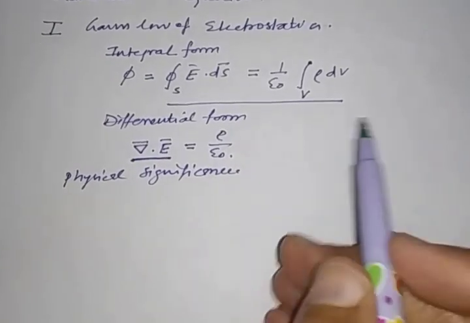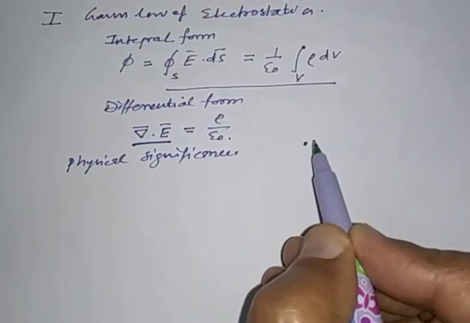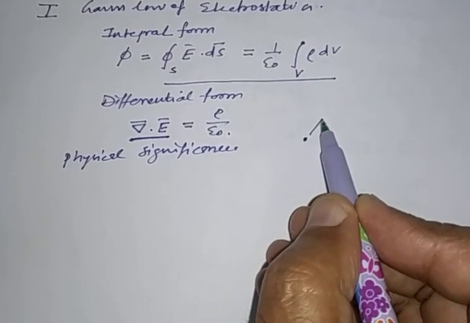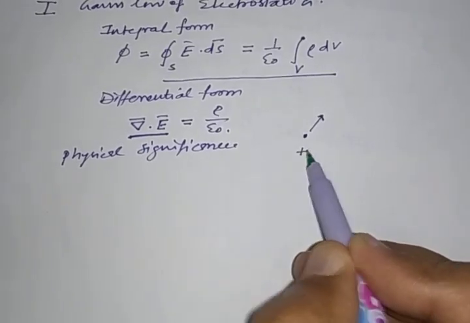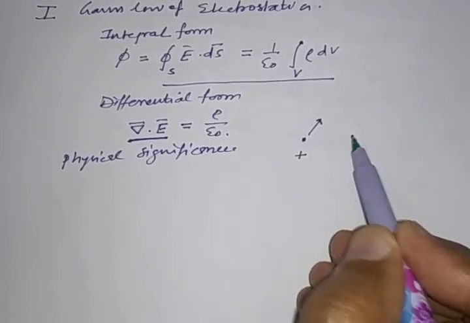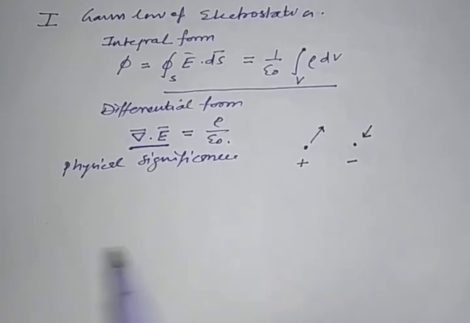Divergence of electric field, as you all know, is that if from any point the field is outward, divergence will be positive, and if at any point the field is inward, the divergence will be negative.